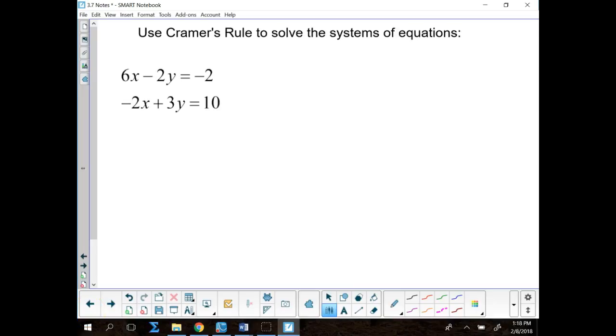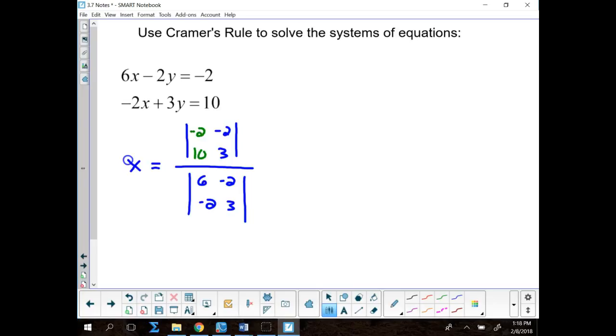So, if I'm going to solve for x, my denominator is going to be 6, -2, -2, and 3. My numerator, because I'm solving for x, the -2 and the 3 for the y coefficients stay, but the other ones become -2 and +10.